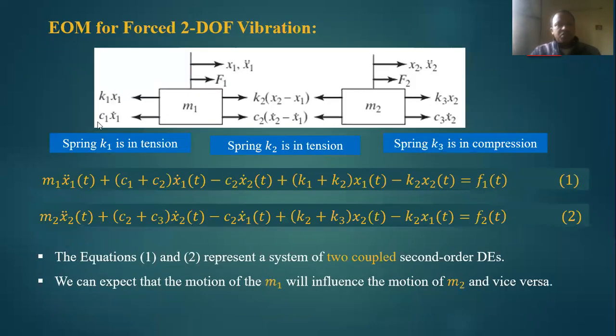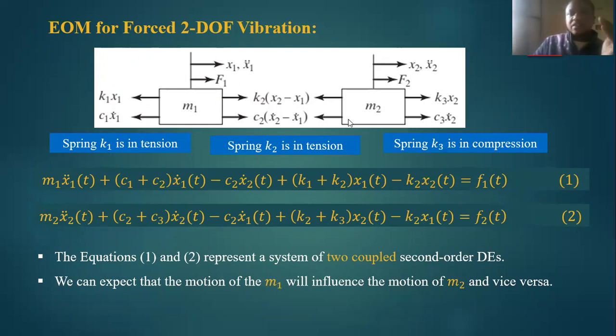Look here, just looking at the free body diagram, we consider spring K1 is in tension. K1 in tension means what? This mass is moving in this direction. Again, K3 in tension means this mass is also moving in this direction. No, compression means M2 is moving against K3.